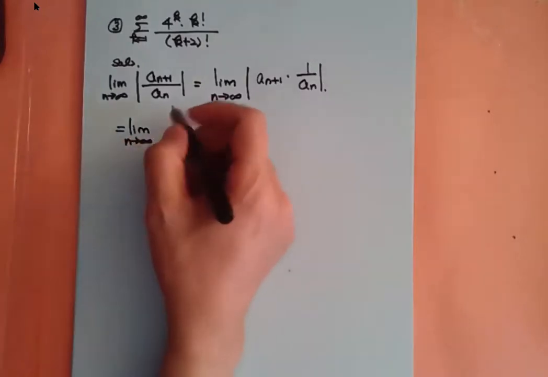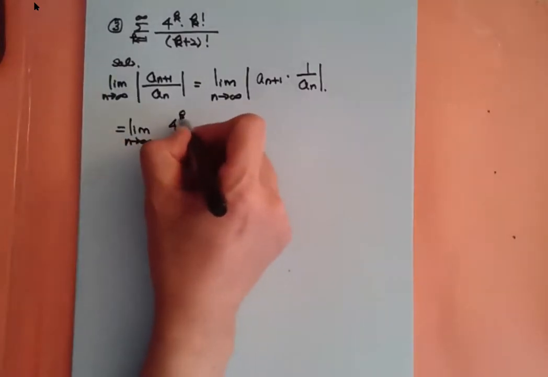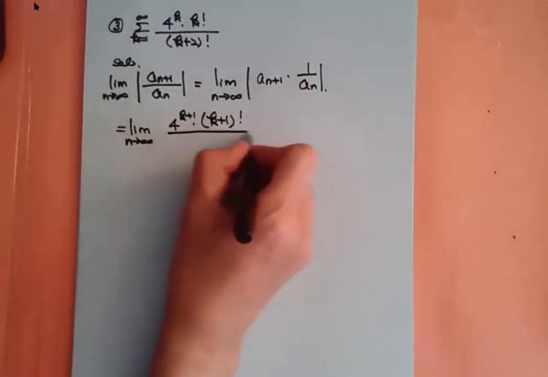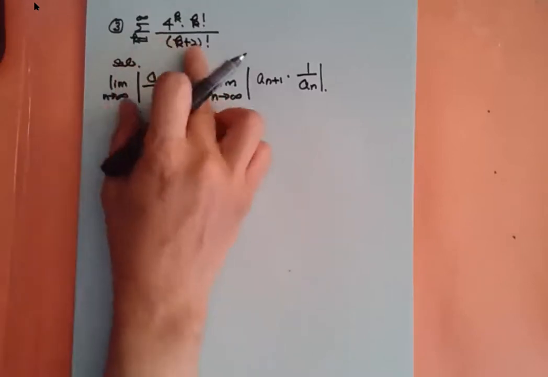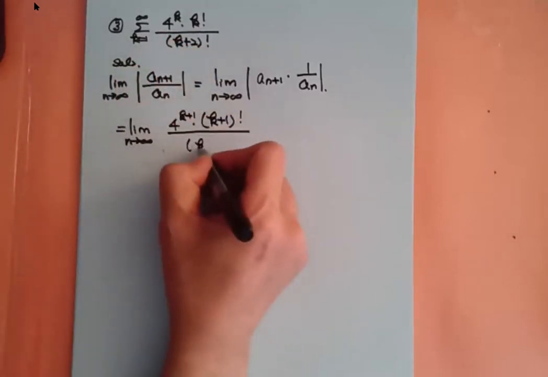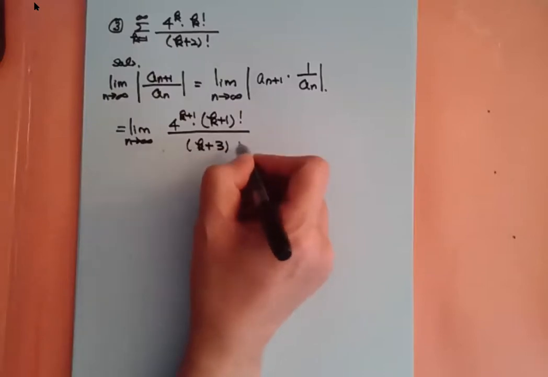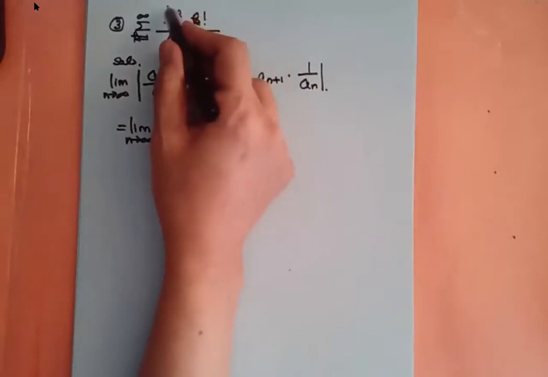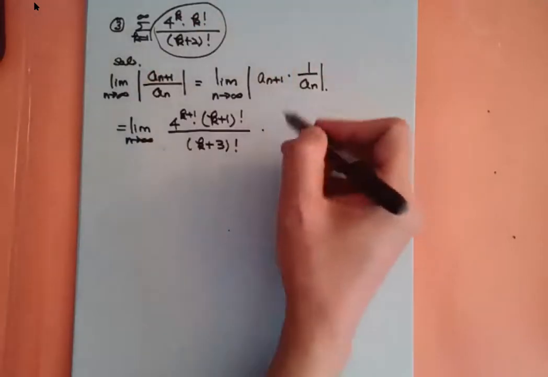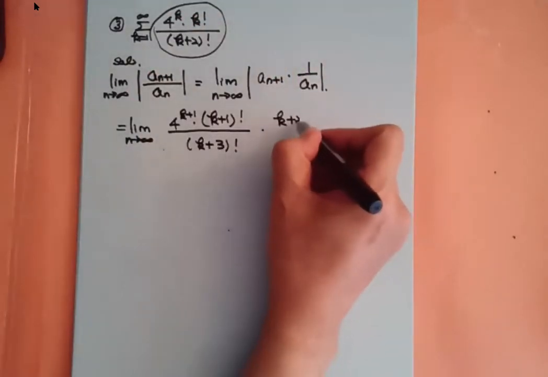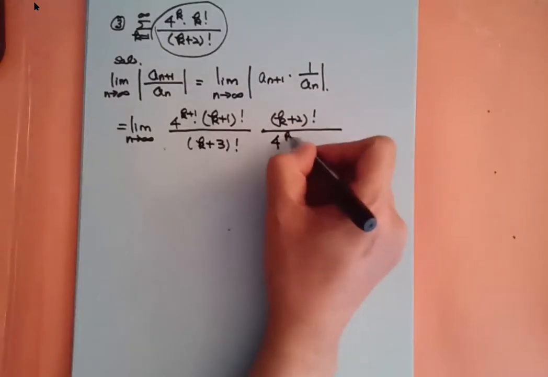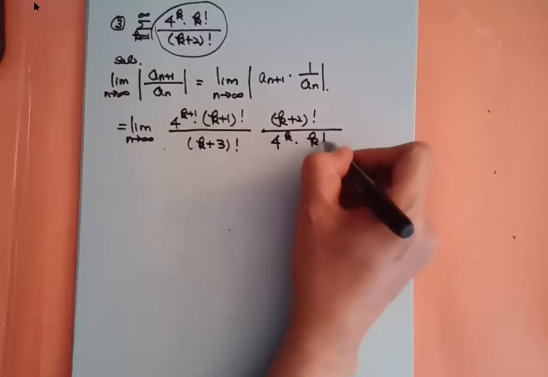So a_(k+1) is 4 to the k plus 1 times (k plus 1) factorial over (k plus 1 plus 2), which makes (k plus 3) factorial, times 1 over a_k. We have to flip this fraction, so we have (k plus 2) factorial over 4 to the k power times k factorial.